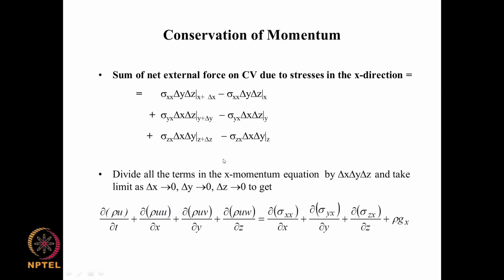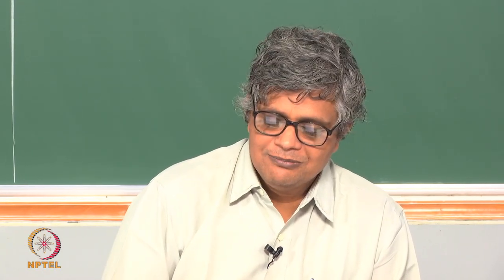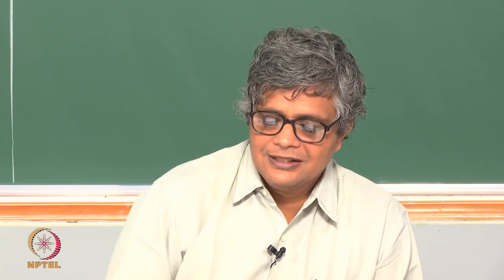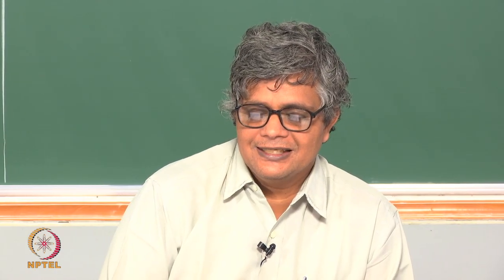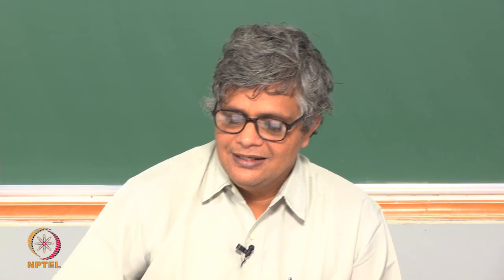We do the same thing as before: we divide all the terms by delta y delta x delta z and take the limit as delta x, delta y and delta z tend to 0.